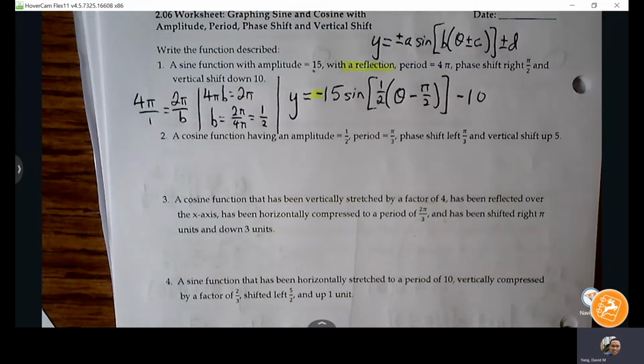If you see horizontal stretch or horizontal compression, that's going to be dealing with your period and b value. Okay. Give you guys a minute or two, and then I'll show each problem so you guys can check.